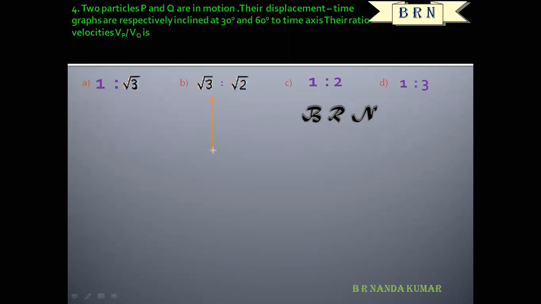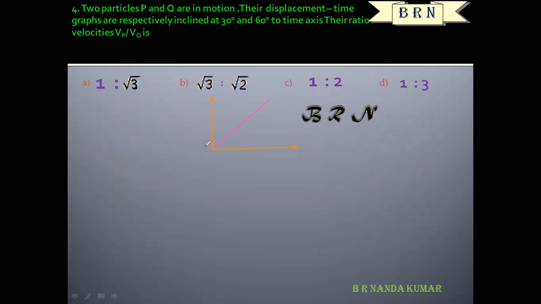Displacement is taken along the y-axis and time along the x-axis. So one particle, that is P, is in motion, and that is inclined at an angle. So that is very important.